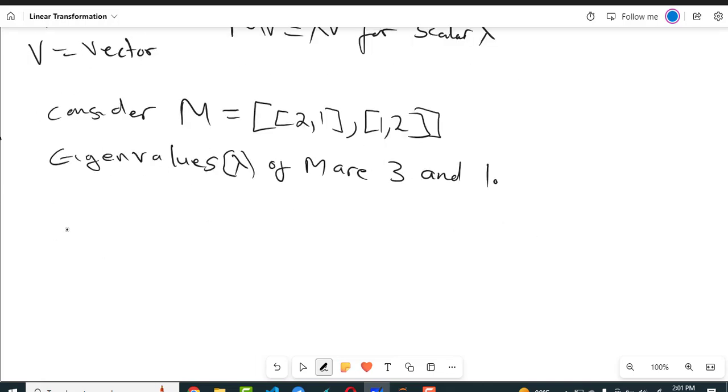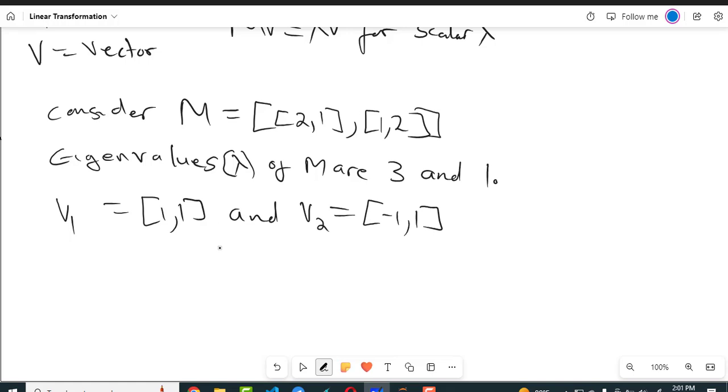The eigenvectors corresponding to these eigenvalues are, let's say, eigenvector 1 is equal to (1, 1), and eigenvector 2 is equal to (-1, 1).